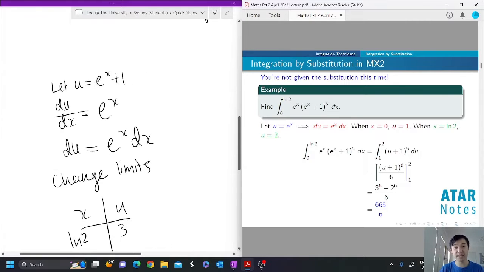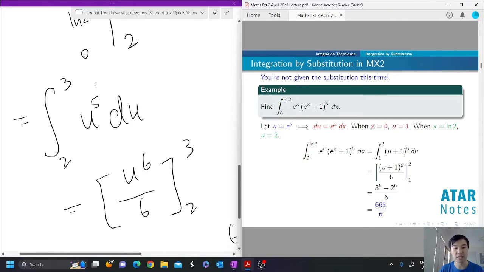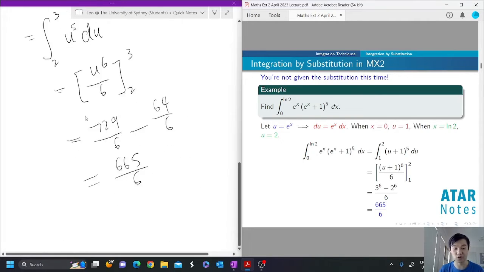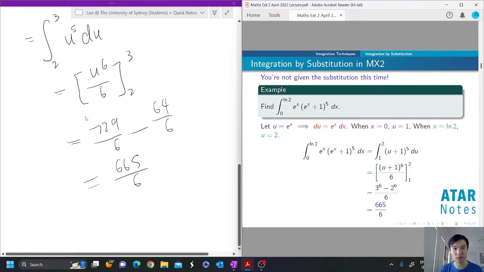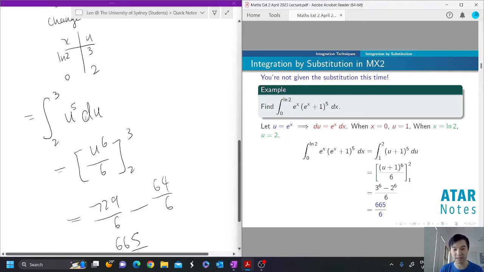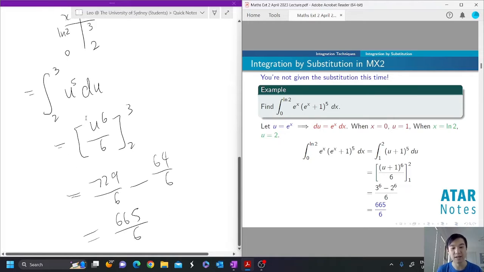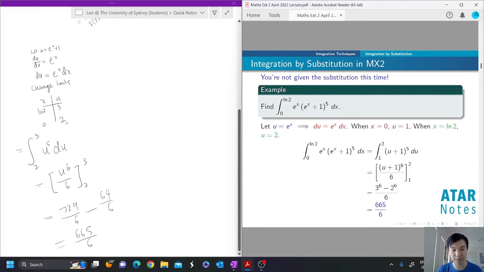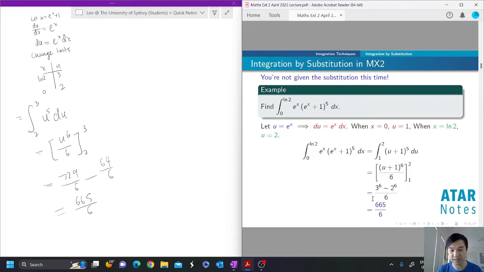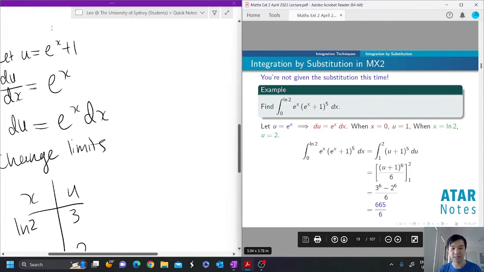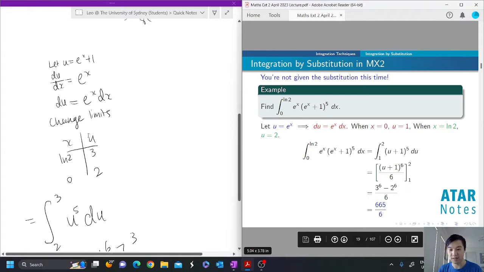So here's an example of what I mean: often you can just get the same solution using a different substitution. So there's no sort of right substitution that you have to be focused on getting. As long as it helps you simplify the integral, it's done its job. So here, we get the same thing. But here I just let u equals e to the power of x plus 1 instead. Okay.